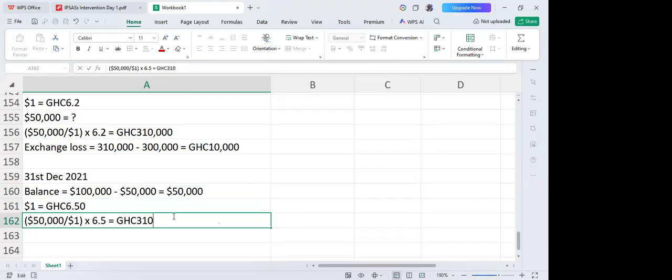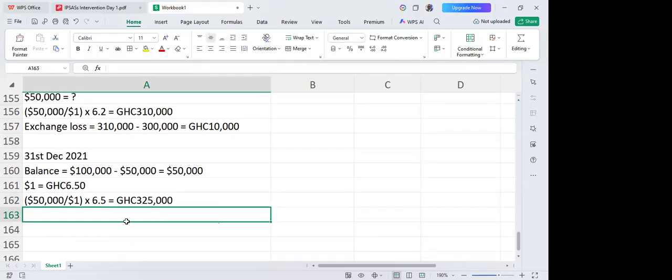So let's do the conversion. What are you going to get? 325,000. Yeah, 325,000. Then for year two, we check for the exchange gain or loss.